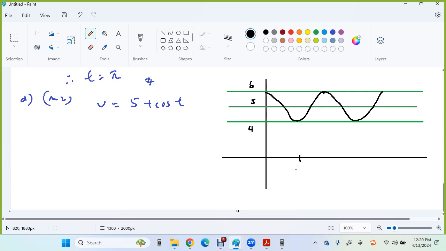This is 0, pi, 2 pi, 3 pi, and 4 pi. This is the time, and this is the velocity. So we have a minimum when t equals pi. So the minimum is when t equals pi seconds.